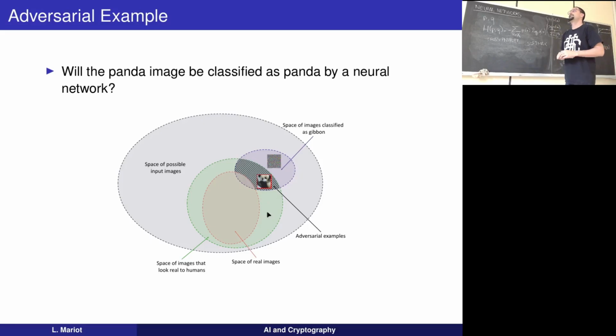And then you have the space of all possible input images in general, and something that is classified with a wrong class. So something that should be classified as a panda, for example, but instead is classified as a gibbon. So basically the adversarial examples live over that particular intersection of these three sets.